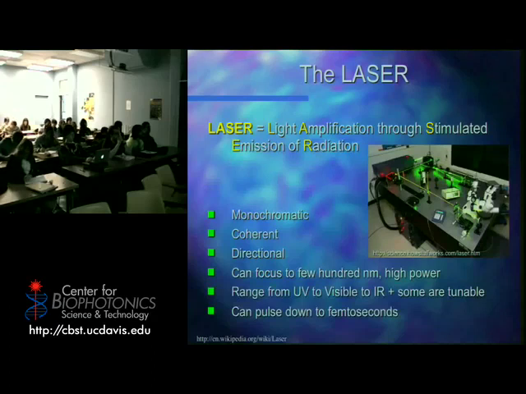Coherent is a little bit of a more difficult concept, but it basically means that if I find the one wave in the laser beam, I know about all the other waves in the laser beam. I can figure out where all of them are and what their relationships are to each other.